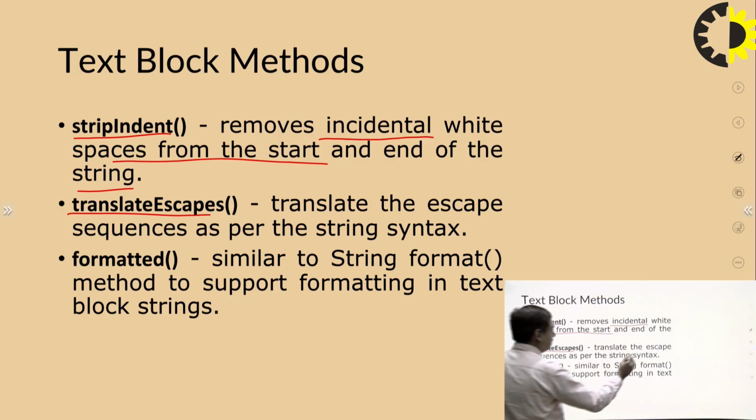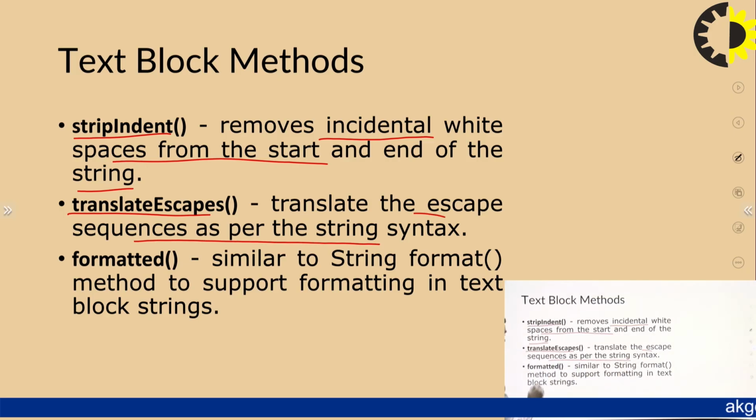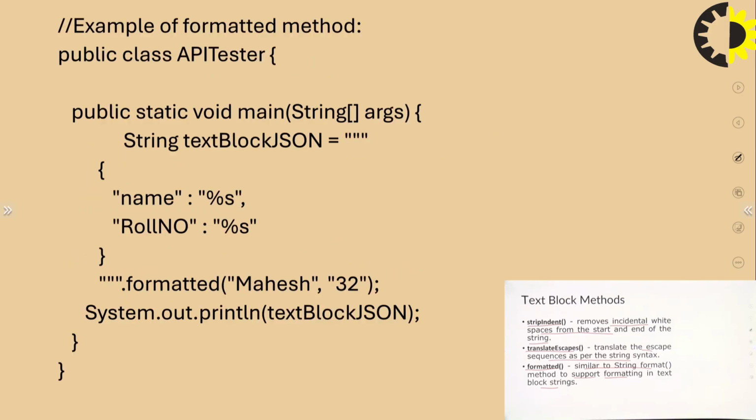It will translate the escape sequences as per the string syntax. Formatted is similar to the string format method, to support formatting in text block strings. So these are a few methods which are specifically for text block strings.